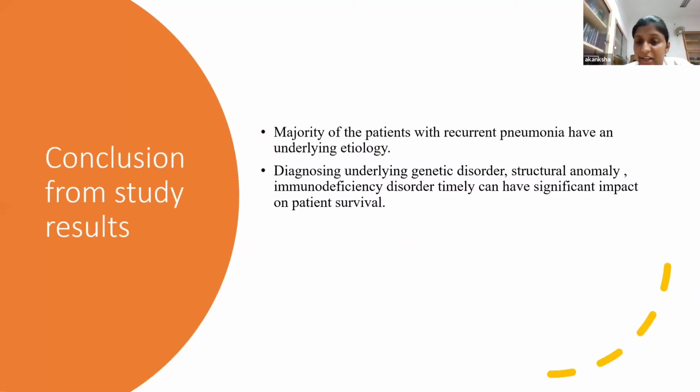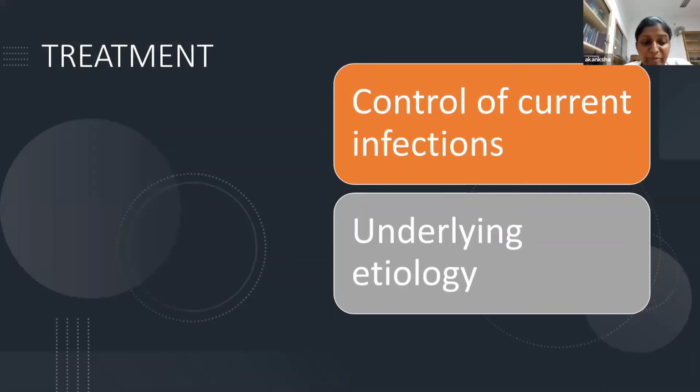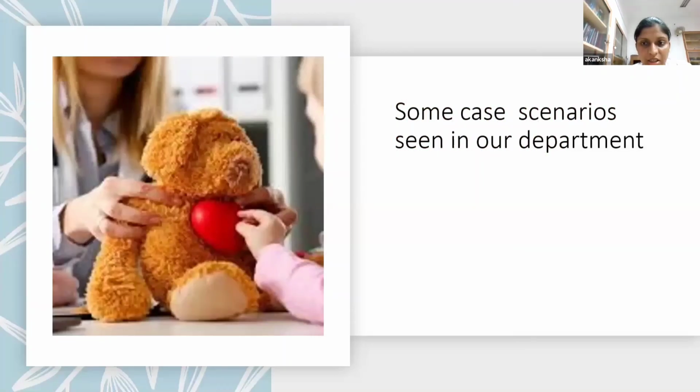Diagnosing an underlying genetic disorder or any structural anomaly or immunodeficiency disorder in time can have significant impact on patient survival. Treatment of RP is mainly to control the current infection and treatment of the underlying etiology.